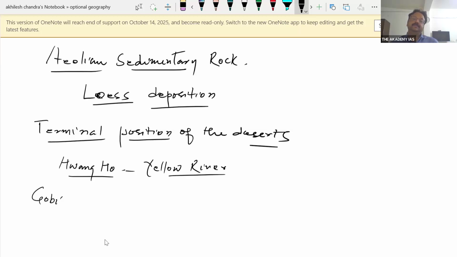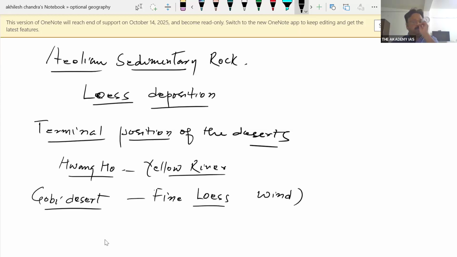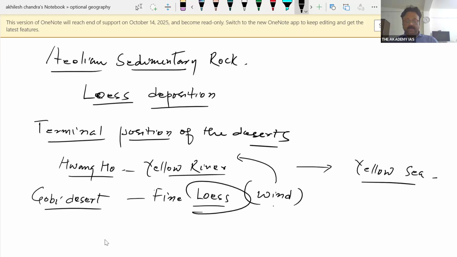From the Gobi Desert, you will find fine loess blown by wind, and this deposition in the Hwang Ho River makes the water yellow in color, and the Hwang Ho River drains into the Yellow Sea, making the water yellow over there. So it is because of loess deposition.